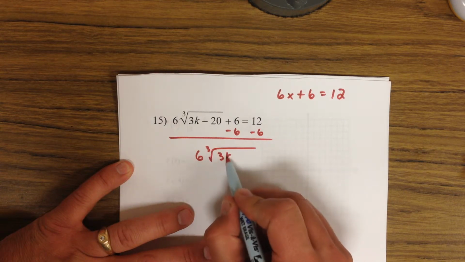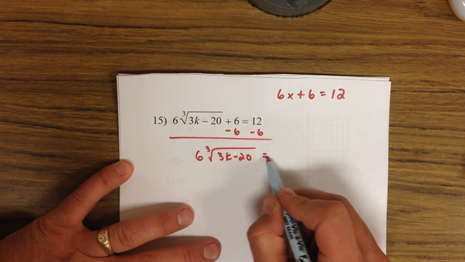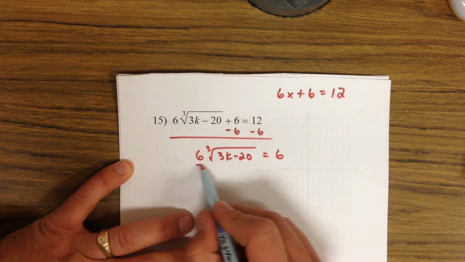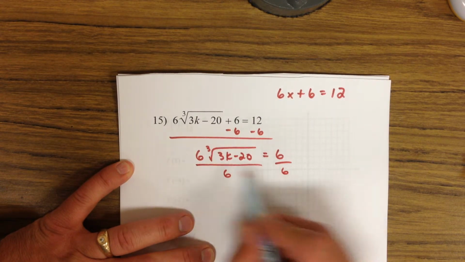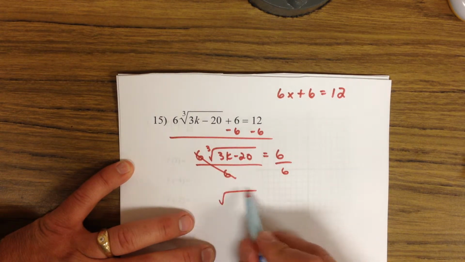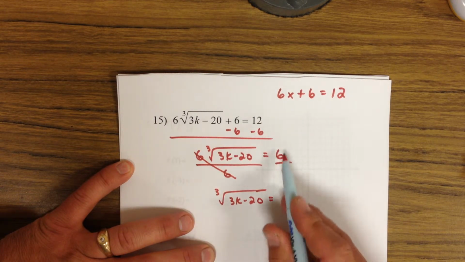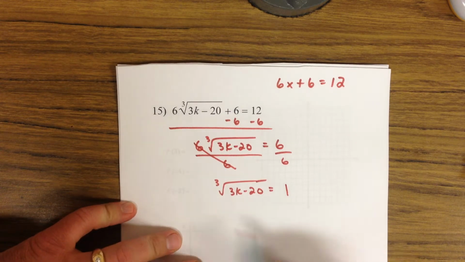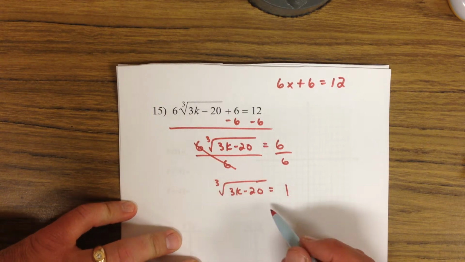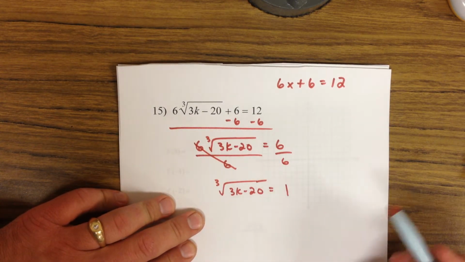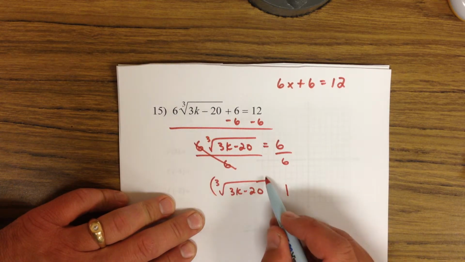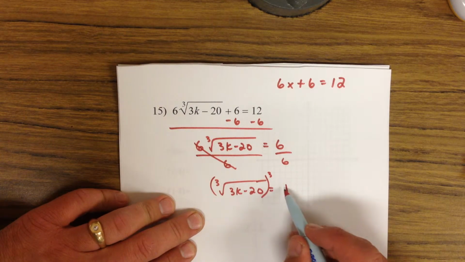In the rewriting part, don't forget your radical. Then I'm going to divide by 6. Those are going to cancel out. Still have my radical. 6 divided by 6 is 1. And then I have to cube this. Think about it, 1 cubed is 1. 1 to any power is 1.